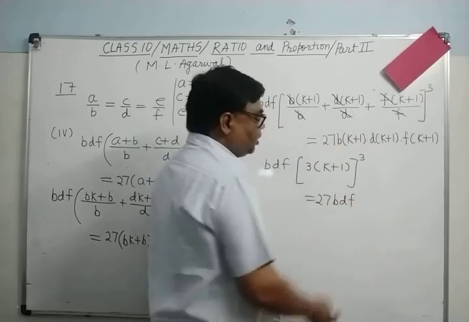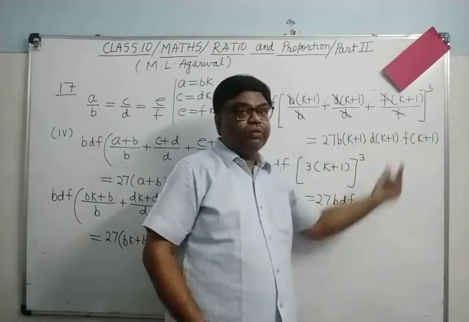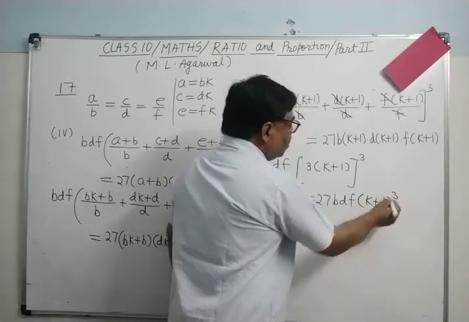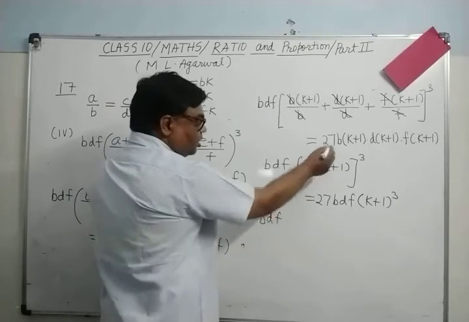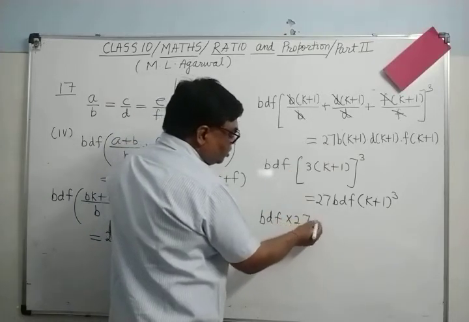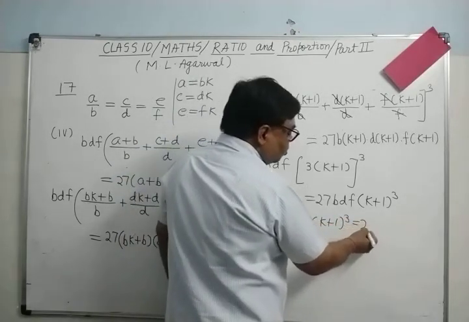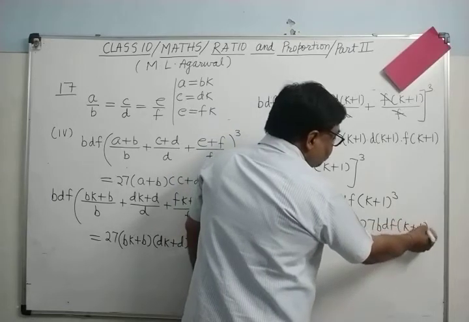Now K plus 1 into K plus 1 into K plus 1 means K plus 1 whole cube. Now you can see here it is BDF. 3 cube is 27. K plus 1 whole cube equals 27 BDF, K plus 1 whole cube.